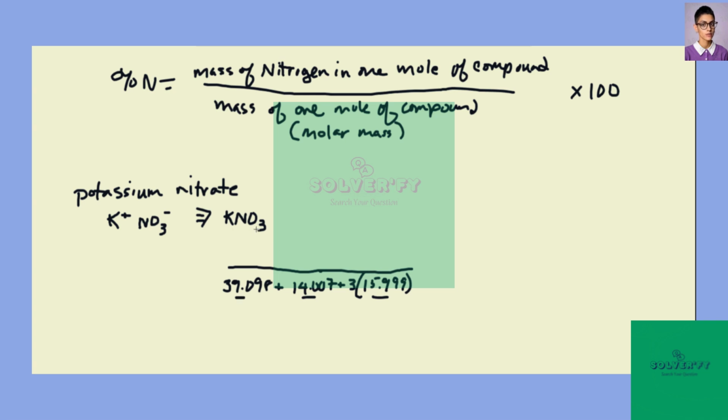In 1 mole of potassium nitrate, there's 1 nitrogen. So on the top, we know there are 14.007 grams. So in 1 mole of potassium nitrate, there's 14.007 grams, and the molar mass is found by adding up all the numbers on the bottom to be 101.102.